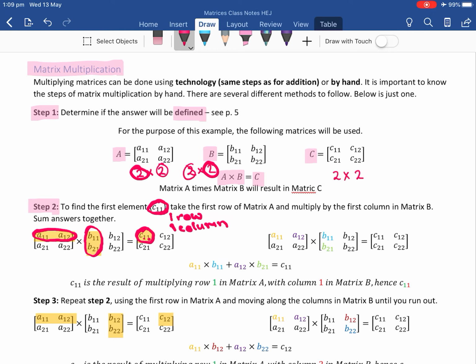Now you need to multiply them together and add the answers.